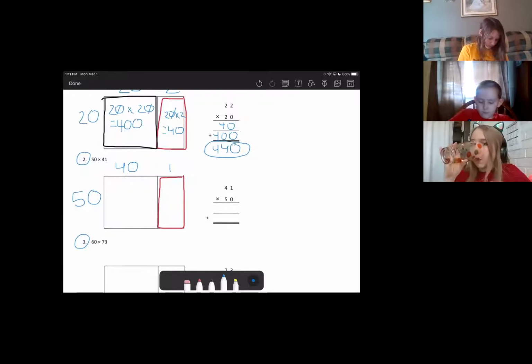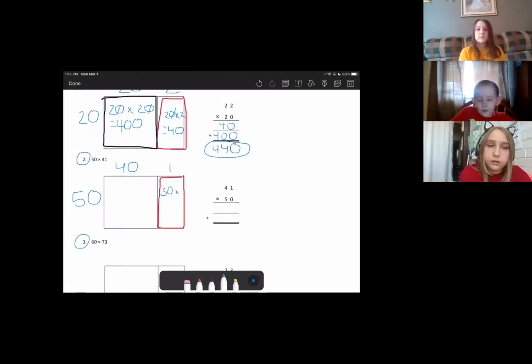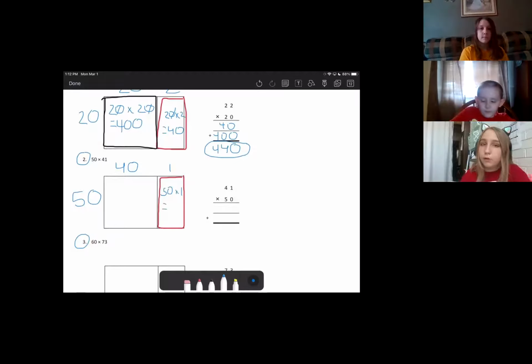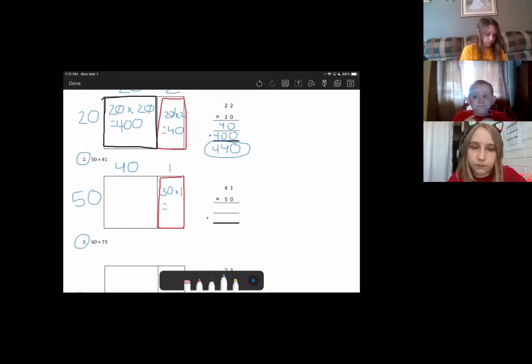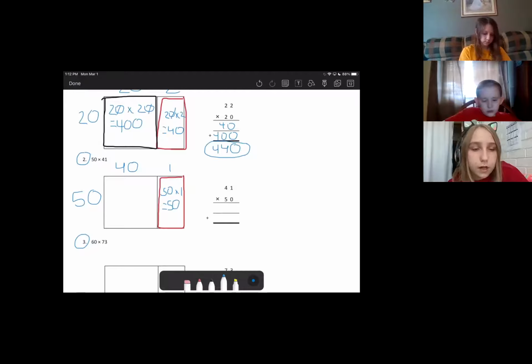So what am I going to multiply to find the area? 50 times 1. Right, 50 times 1. And what's 50 times 1, Zoe? 50 times 1 is 50. 50, right? Because anything times 1 is itself. So 50 times 1 is 50.